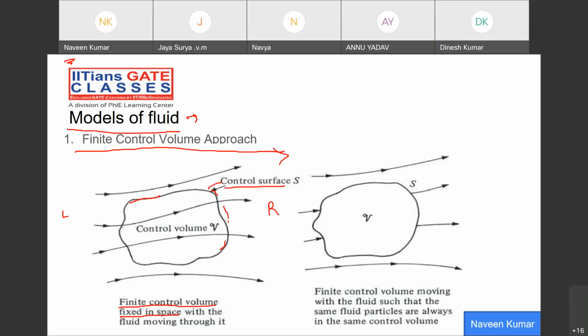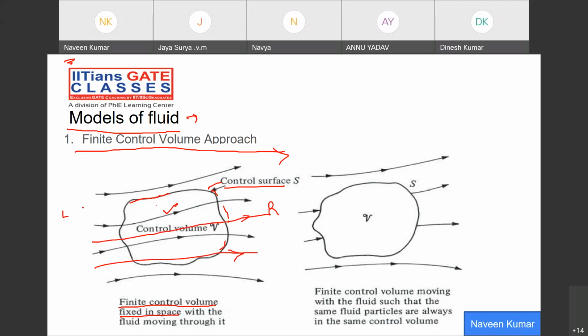This finite control volume is fixed in space, and the fluid is flowing over the volume. So can I say that at every time the fluid in this control volume will be different? Yes, sir.